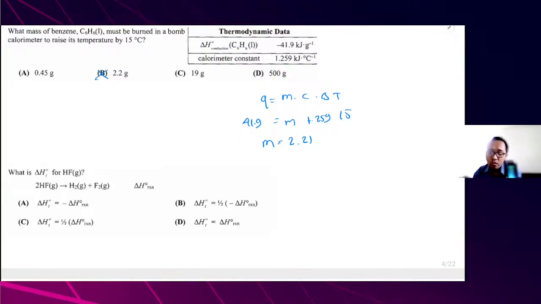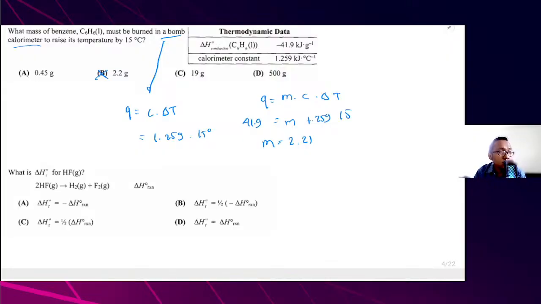When we want to understand the bomb calorimeter, the original equation is q = CΔT. q is the heat absorbed, C is the calorimeter constant, and the other things. C is still the same thing, not much different.